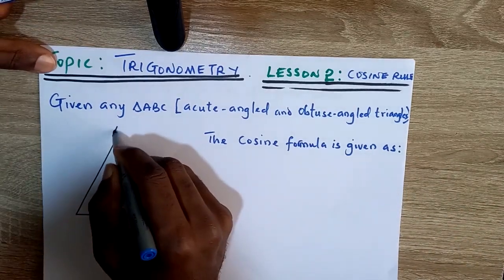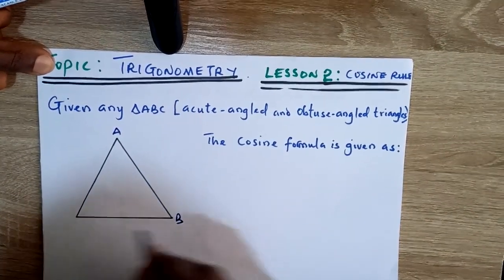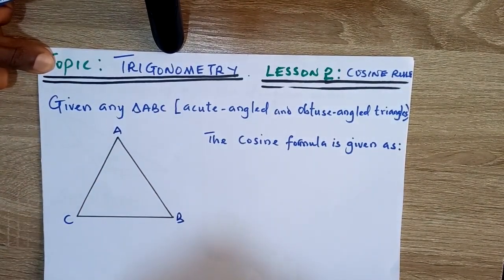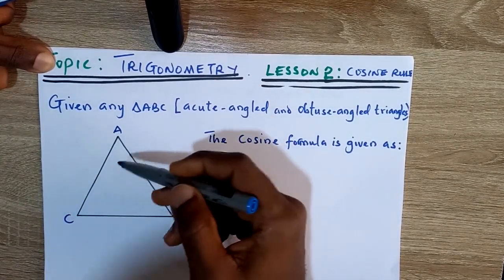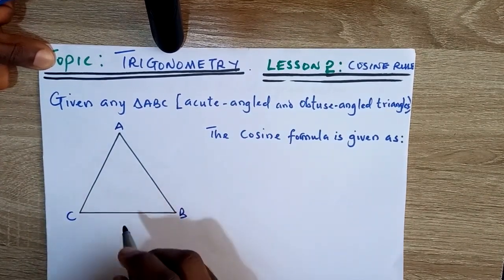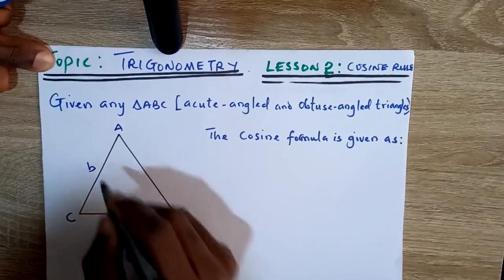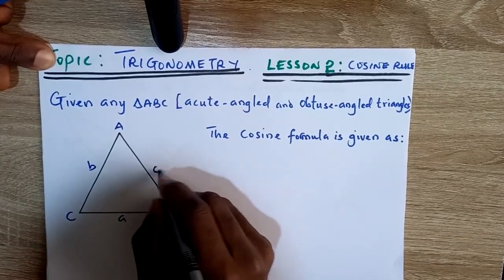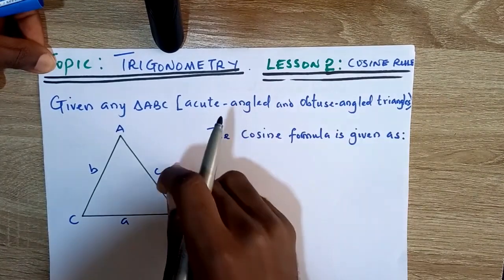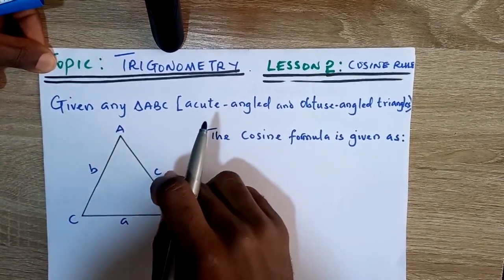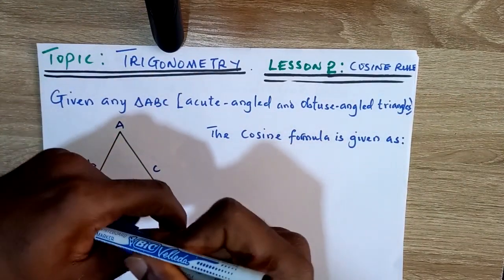We call this A, this B, and this angle C. You remember that the sides opposite the angles are labeled in lowercase letters: a, b, and c.